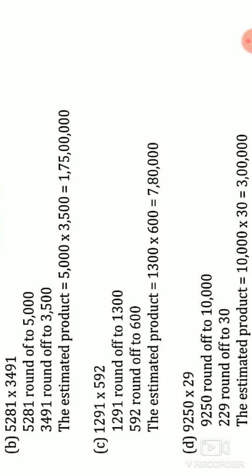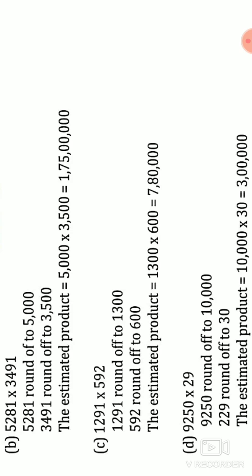5,281 into 3,491. First you have to round off to the nearest 100 values.